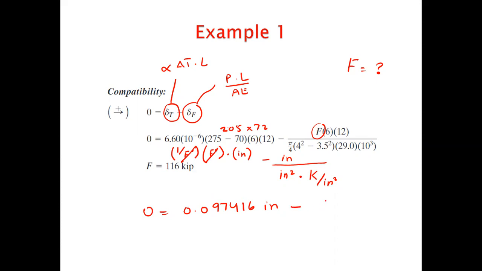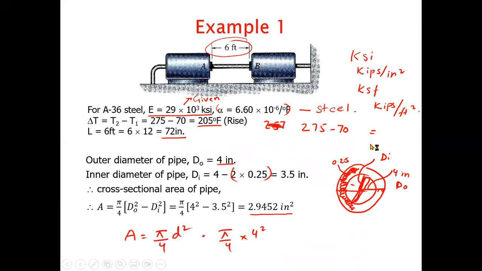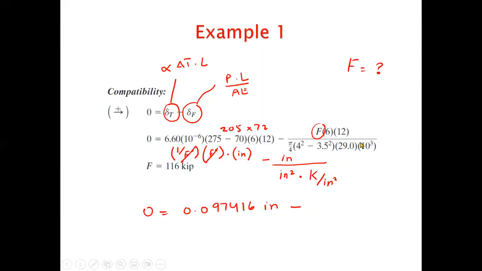Now here we have the value in terms of F. So 6 into 12 divided by the area, which we calculated before, 2.9452, divided by 29 exponent 3.